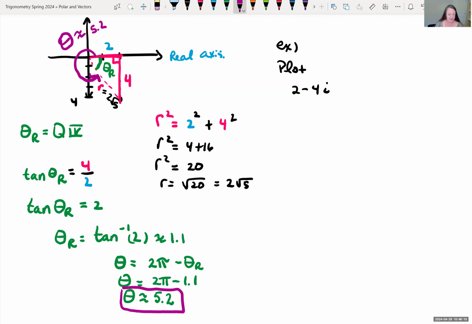Recall the x value of our point is r cosine theta. Well, x here, our r value we found was 2 root 5, so x is 2 root 5 cosine of 5.2.